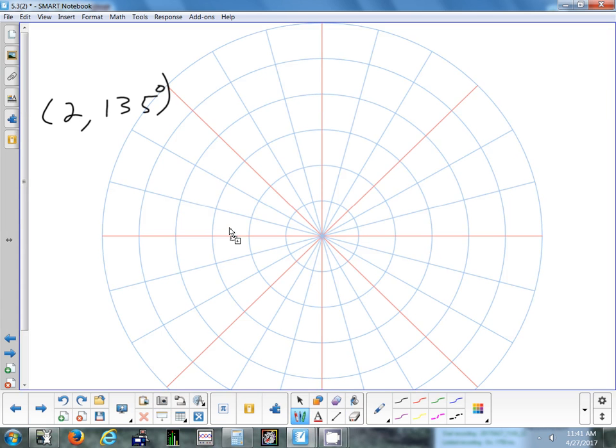How do we graph that point? I start by going 2 units. Which way? 2 to the right. So I'm just going to put a temporary spot. I'm going to erase that in a second. And now 135 degrees, is it clockwise or counterclockwise? Counterclockwise. So we go right 2, counterclockwise, and that's it.